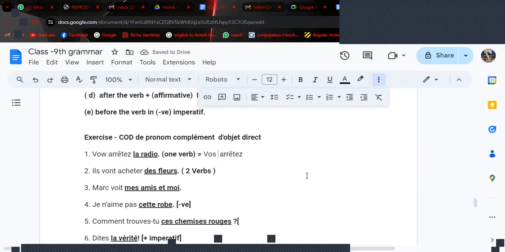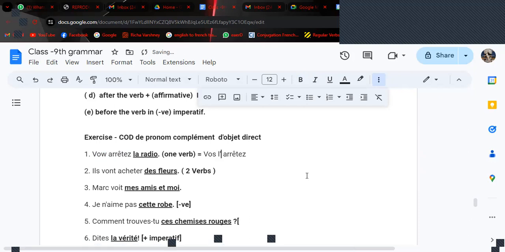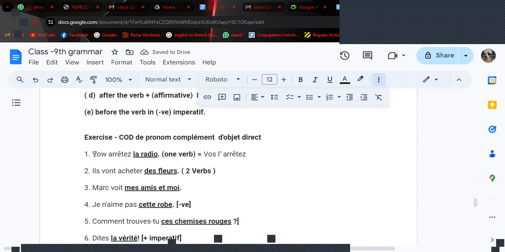So, it will be L apostrophe A. I will not use the la because there are two vowels and two vowels cannot come together in French, right?